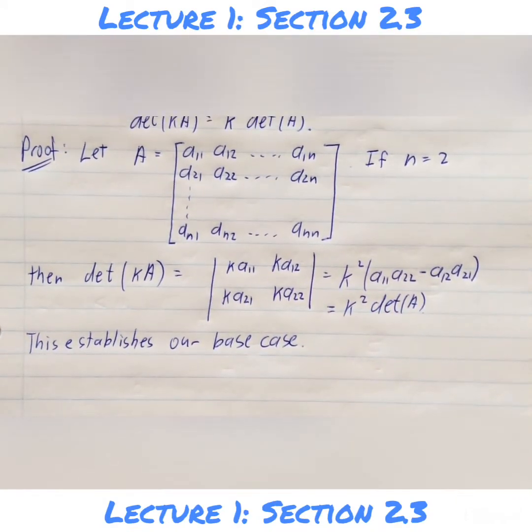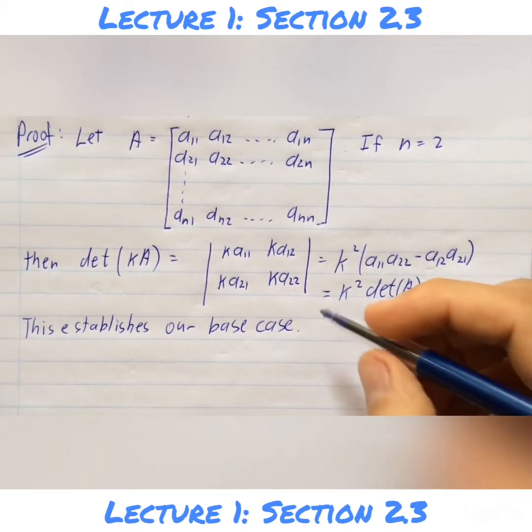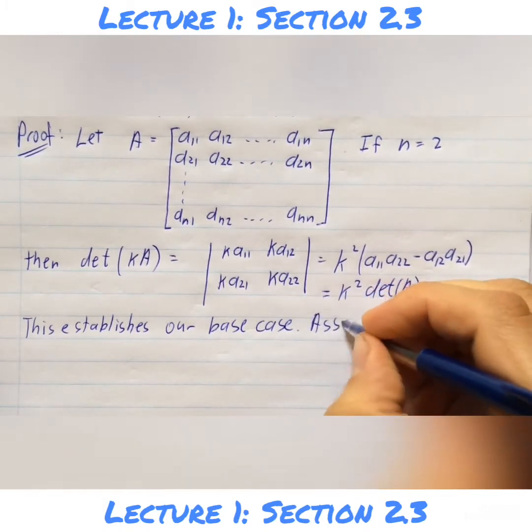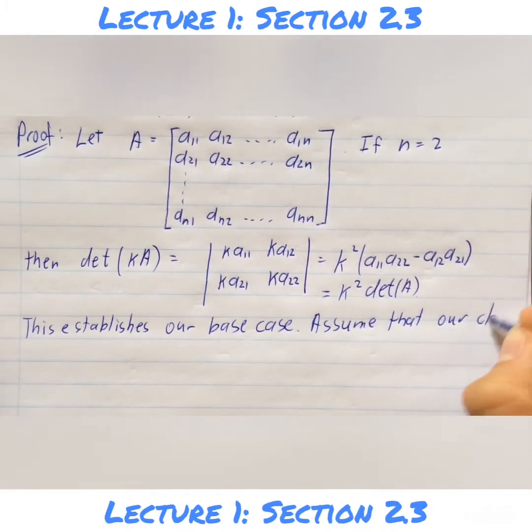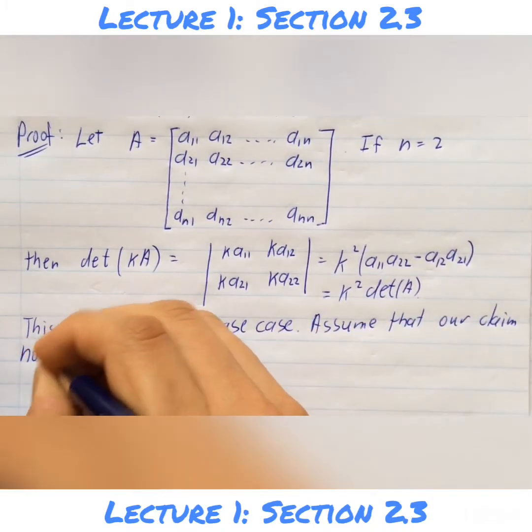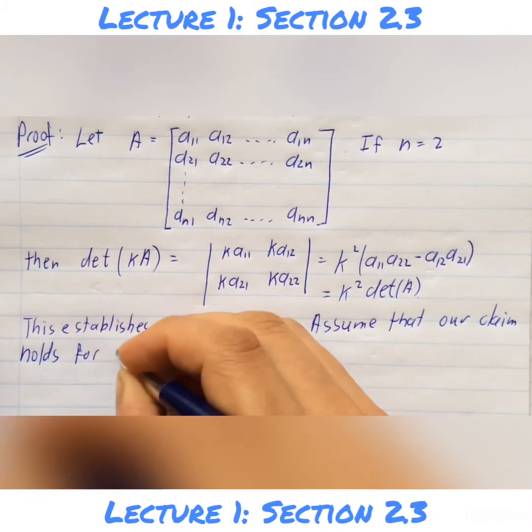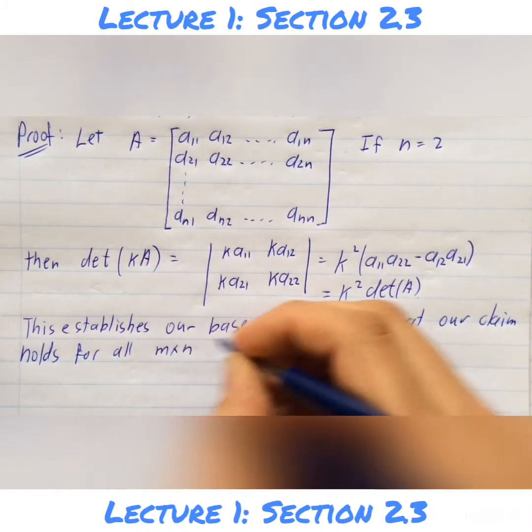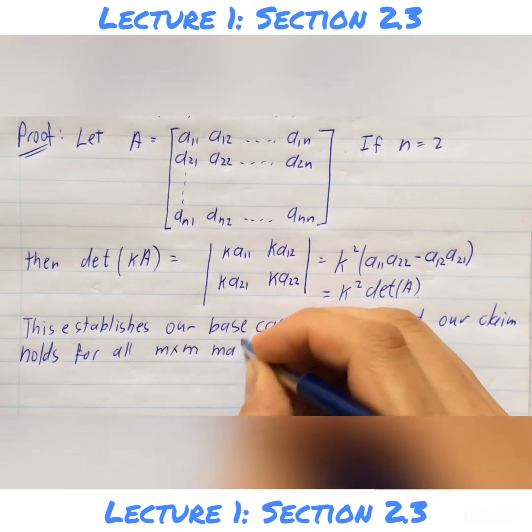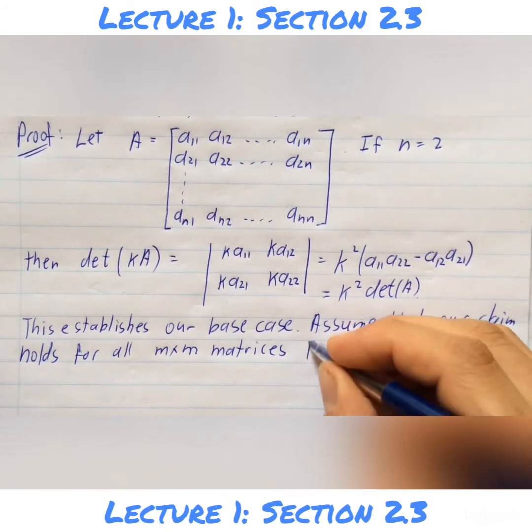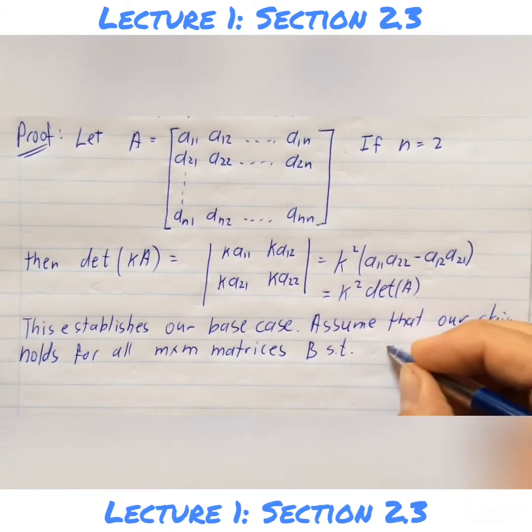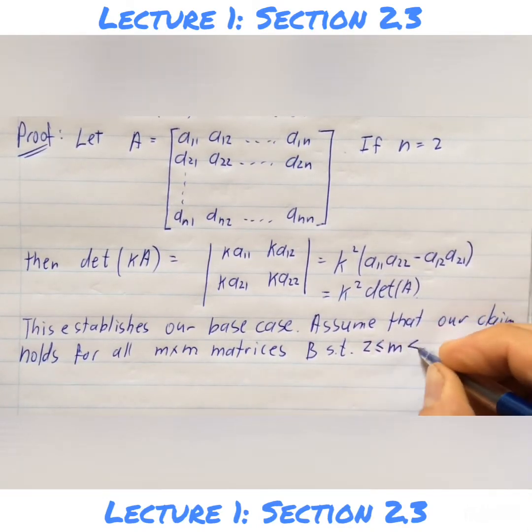So we're going to use the second principle of mathematical induction, stronger than the first principle. We're going to assume that our claim holds for all m by n matrices B such that the dimension of B is bigger than or equal to 2 but strictly less than n.